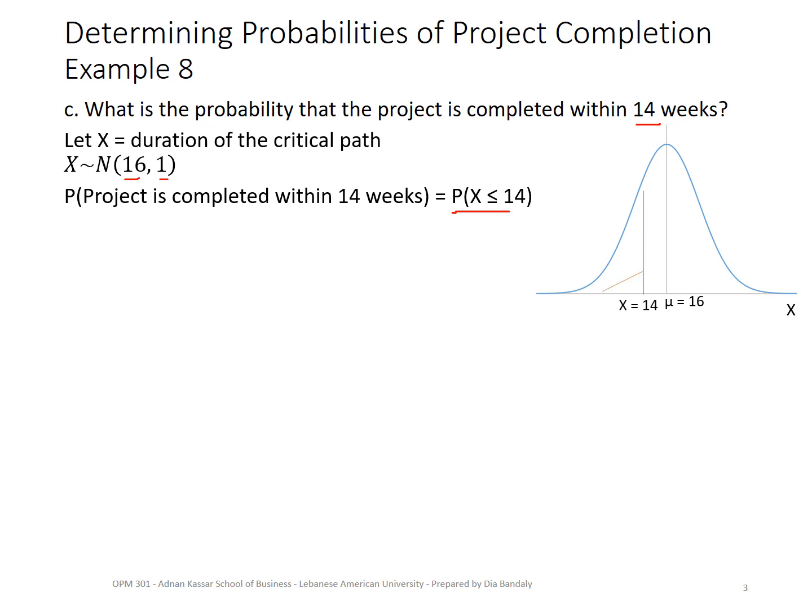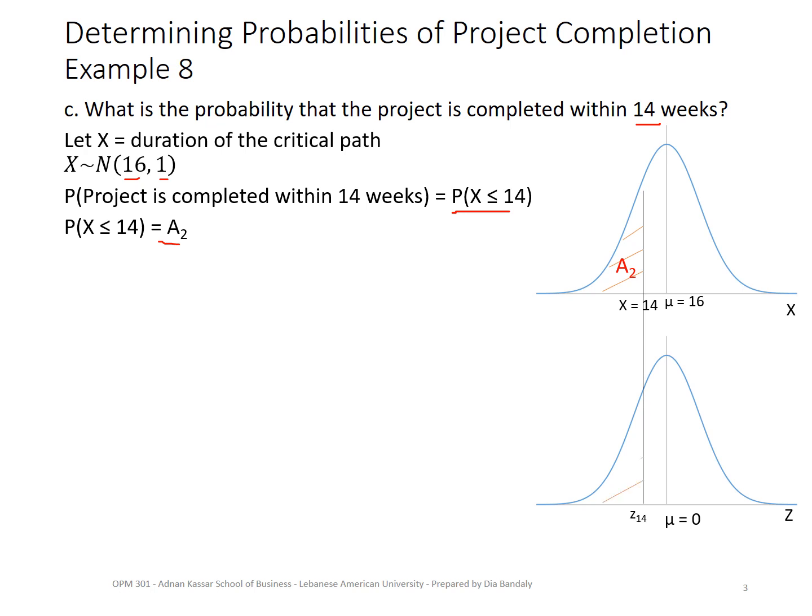I locate 14 somewhere here. So I'm looking for this area A2. I will replace my probability statement where I write this is A2. Now I'm going to refer to my Z value. For x equal to 14, what is its corresponding Z value?